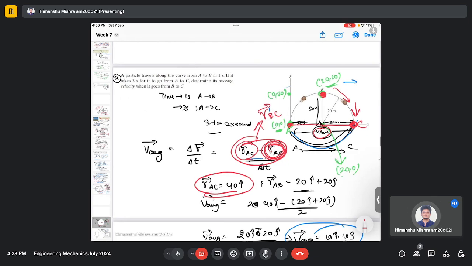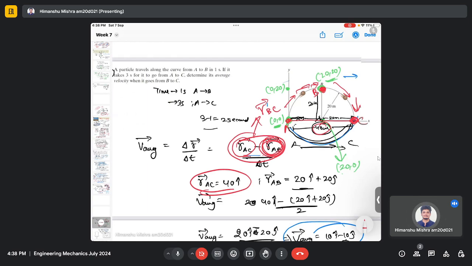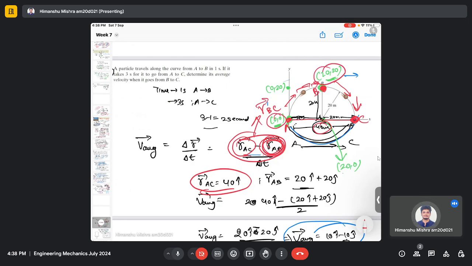But when it moves from A to B, it is also moving in the y direction. So it is moving in both x and y directions. And from the magnitude analysis, it is moving from 0, 0 to 20, 20, which means 20 in the x direction and 20 in the j direction. So the displacement vector is 20i plus 20j.